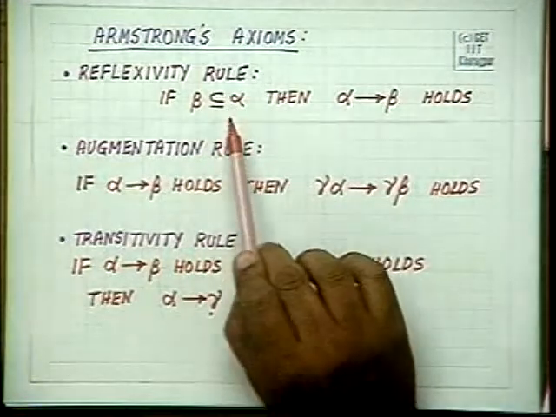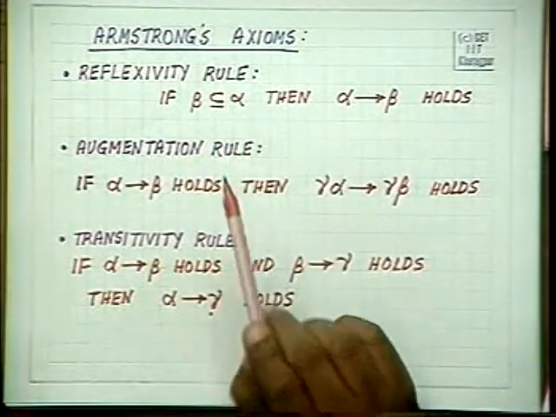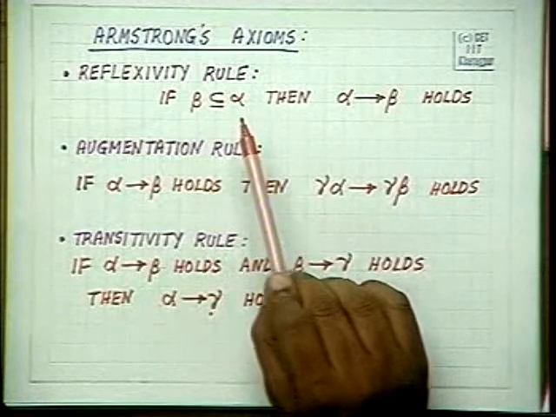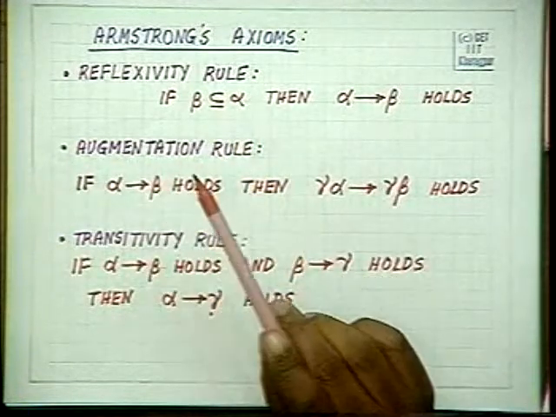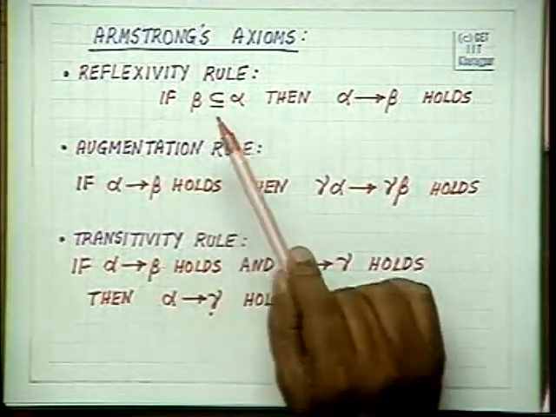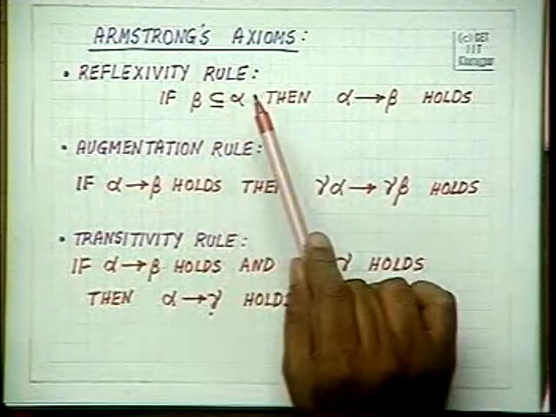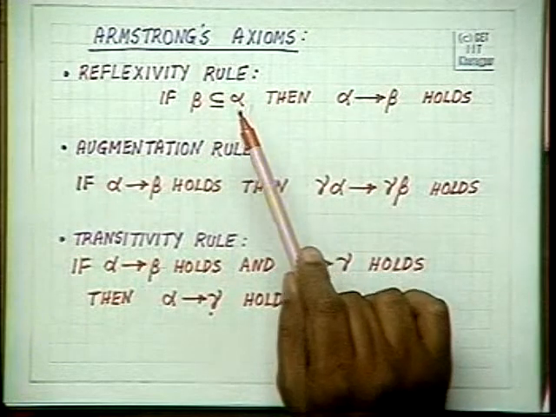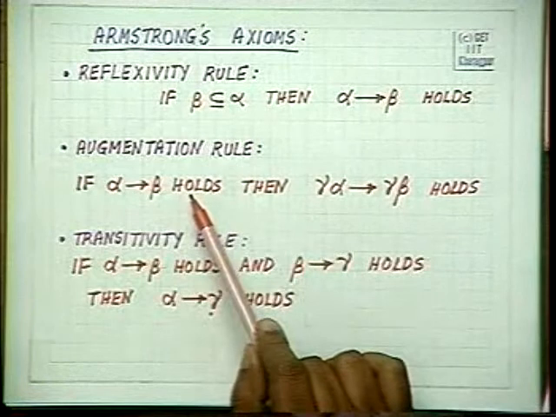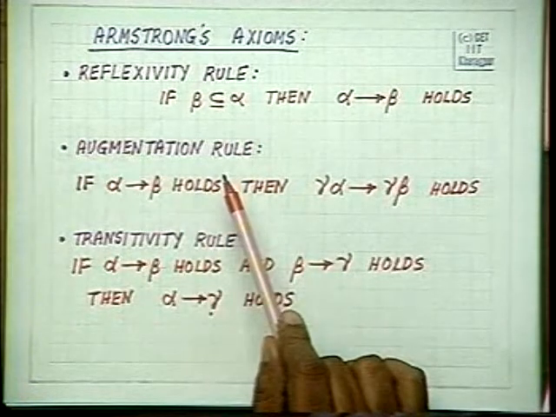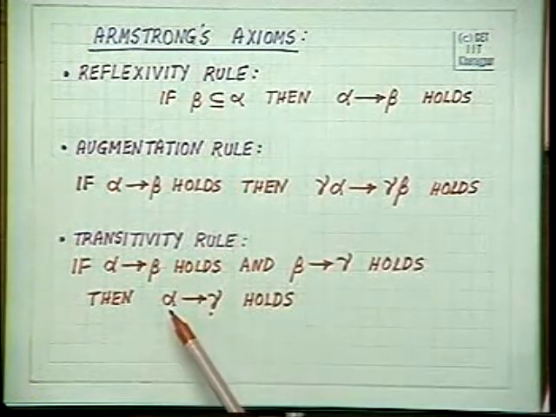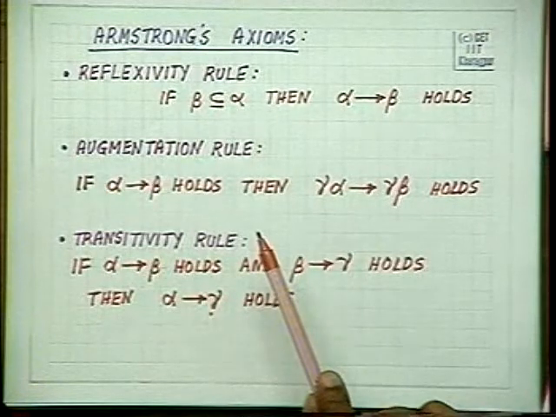The beauty of Armstrong's axioms was that, given a set of functional dependencies, you see if this rule is applicable, apply it. If not, see if this rule is applicable, apply it. If not, see if this rule is applicable, apply it.